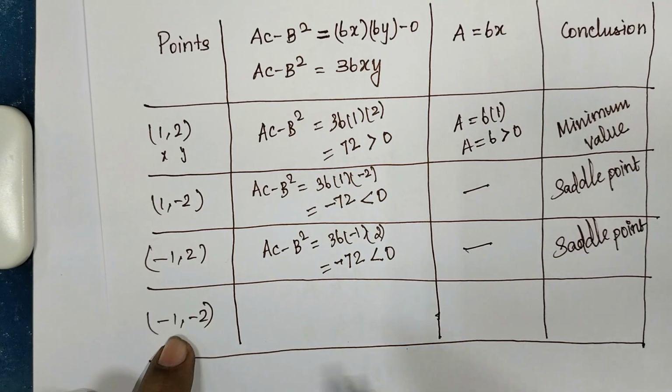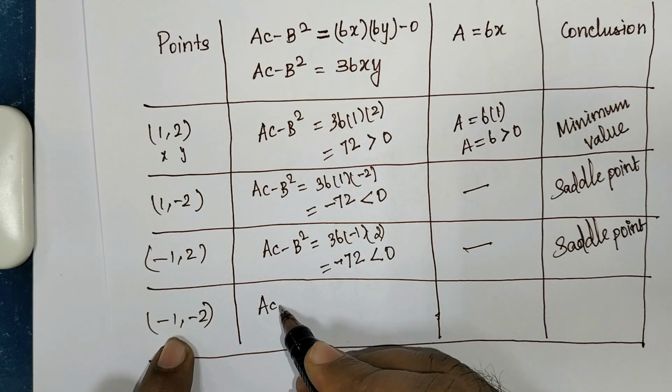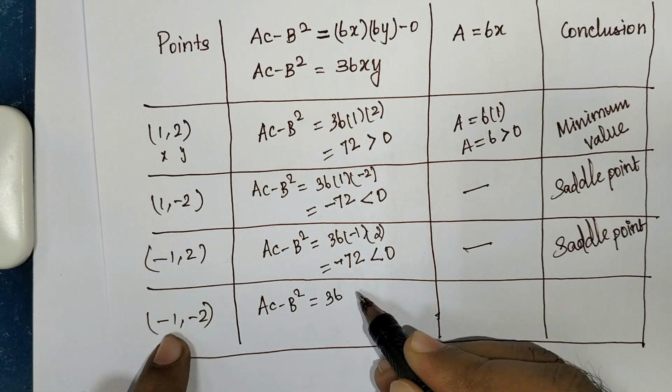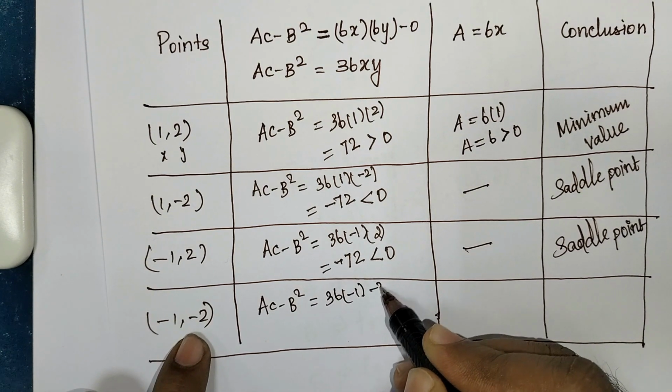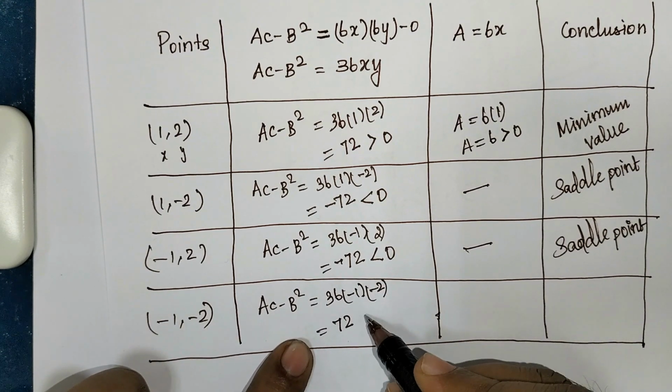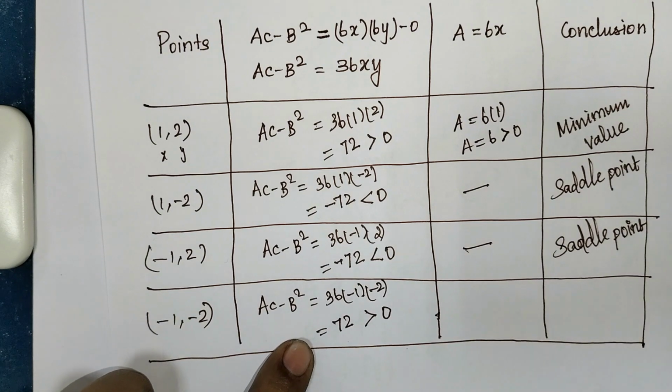Okay. Next, AC minus B square equal to 36, x is minus 1, y is minus 2. Now you will get plus 72 when multiplying, which is greater than 0.